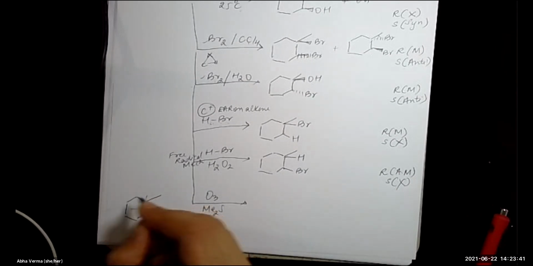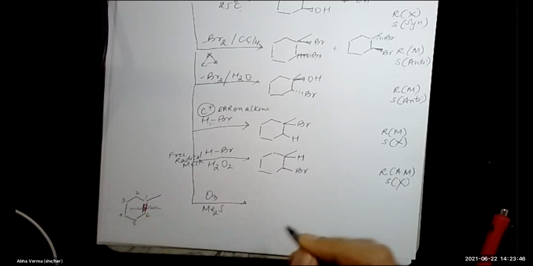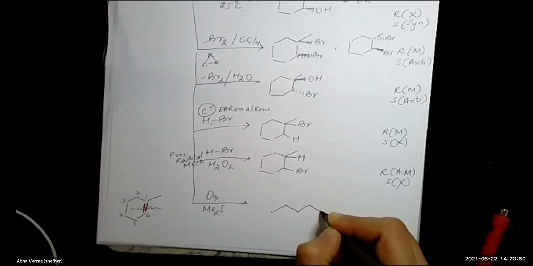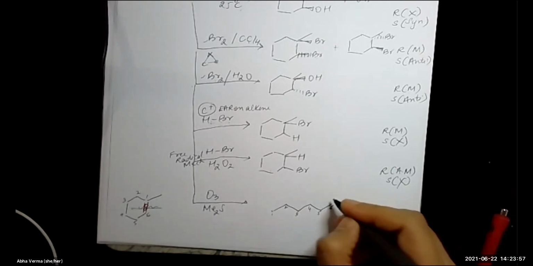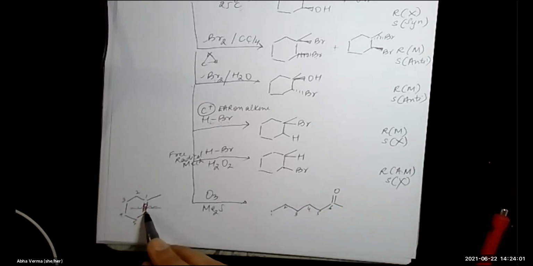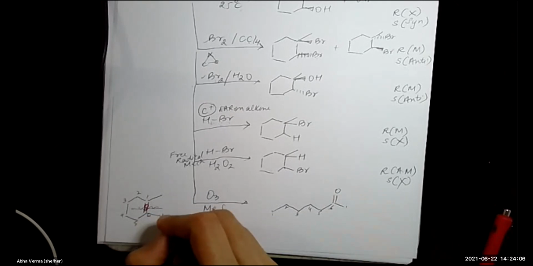So let me count. 1, 2, 3, 4, 5, 6. 1, 2, 3, 4, 5, 6. Okay. On the 6th carbon, I will have my double bond O. And what else will I have? Will I have an H or will I have an OH? This H is already there, so you don't have to decide that. What about the first carbon?